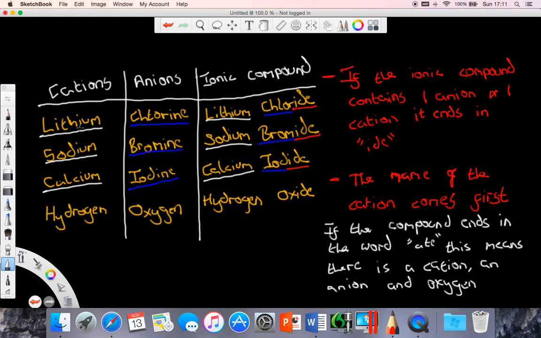So for example, if we have lithium, chlorine and oxygen, this would be lithium chlorate. If we had sodium plus bromine plus oxygen, this would be sodium bromate. If this was calcium plus iodine plus oxygen, it would be calcium iodate, and so on. You get the example.